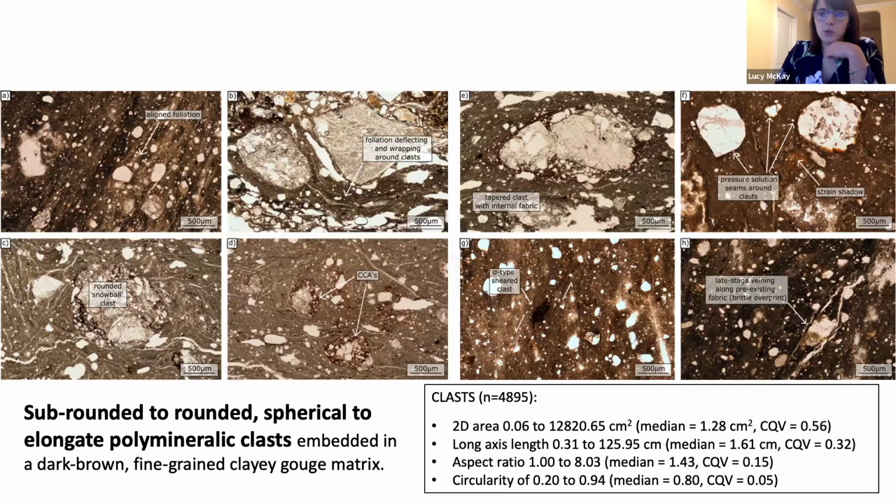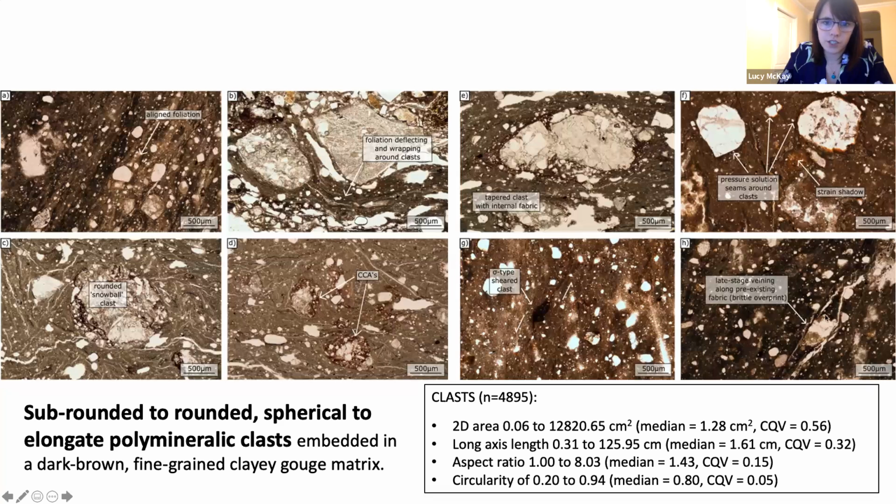This slide shows some more close-up thin section images from this blue gouge. Typically the clasts are sub-rounded to rounded, and you can see some clasts have rounded edges suggestive of mechanical wear, whereas others have tapered elongate geometries with pressure solution seams along the edges, suggesting that there's been a combination of both shearing and chemical alteration.